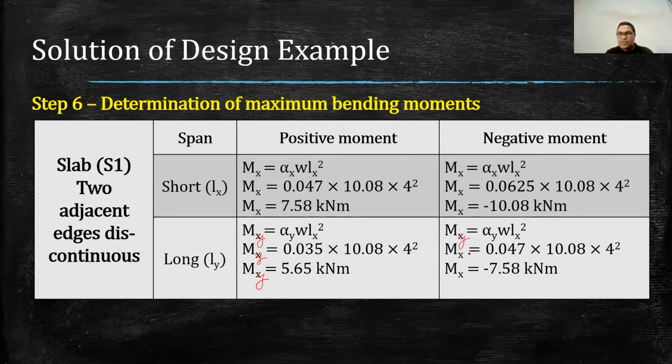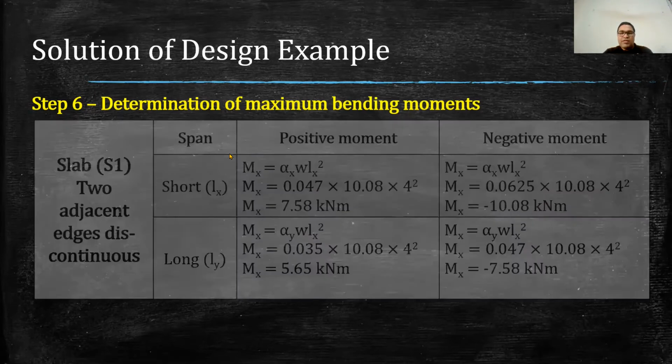This will be My. And this is Mx here also. So putting all the values of alpha x, we can find out the values of Mx positive, Mx negative, My positive, My negative. So these four values we have found for slab S1.